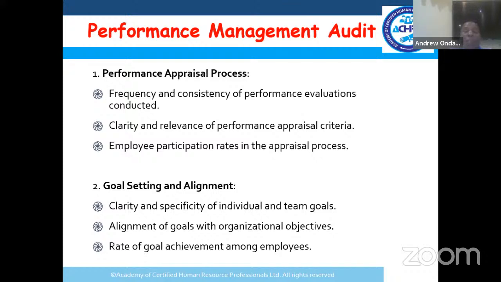So if you had a meeting, for example, this meeting we are having today, you can assess the contributions of all of us. My contribution, Sarah's contribution, Kadani's contribution, Lulu's contribution, and others. And we can rate ourselves.